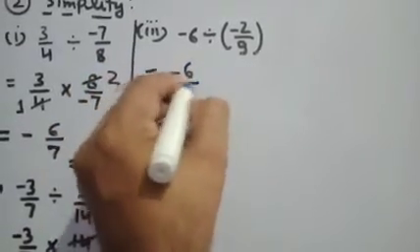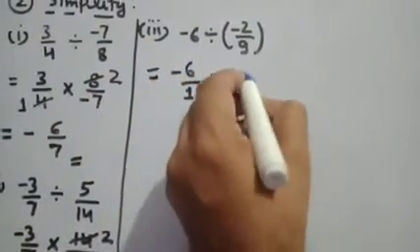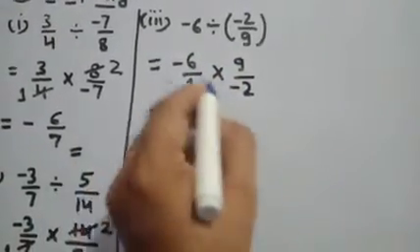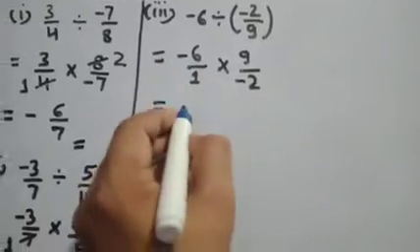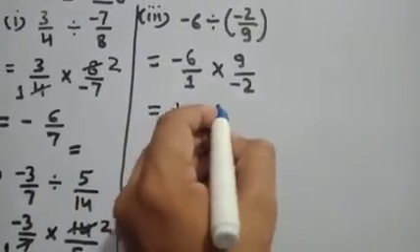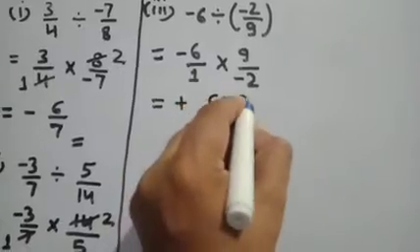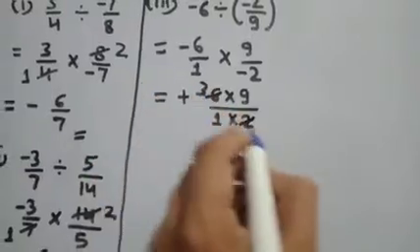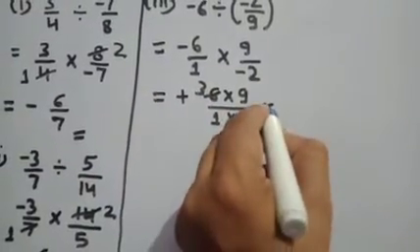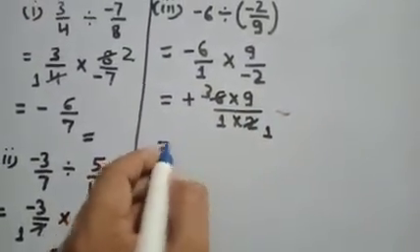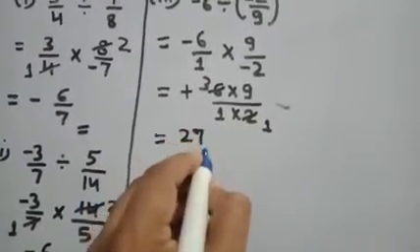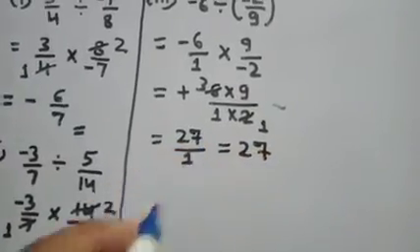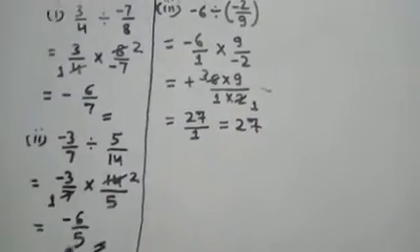This is minus 6 upon 1 multiply 9 upon minus 2. Look here, two negative signs, then minus minus becomes plus, and 6 multiply 9 upon 1 multiply 2. 2 threes are 6, 2 ones are 2, then 9 threes are 27 upon 1 is equal to 27. If 1 comes in the denominator, we can remove it.